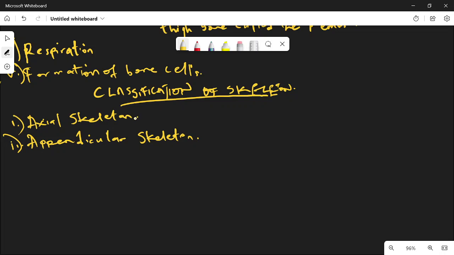The axial skeleton consists of the skull, the vertebral column, the ribs, and the sternum.